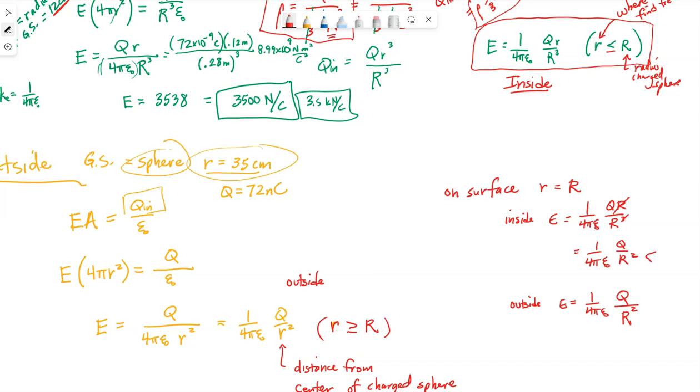We get the same answer. These equations both give us the same answer for the electric field on the surface. We call this a boundary condition.